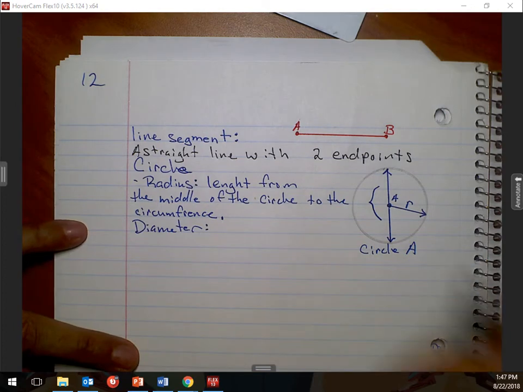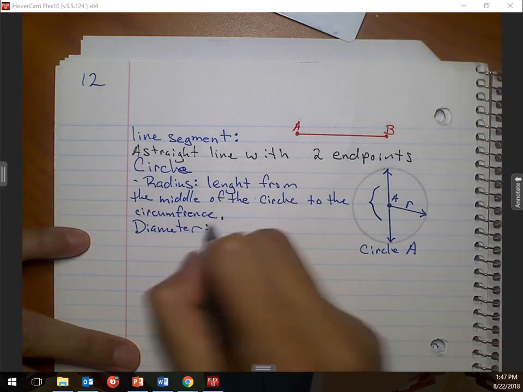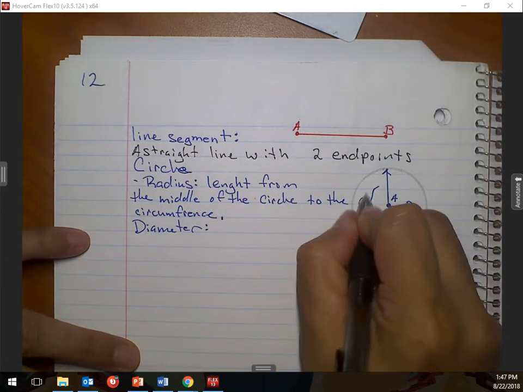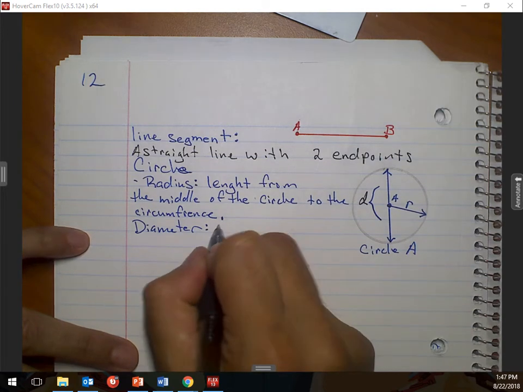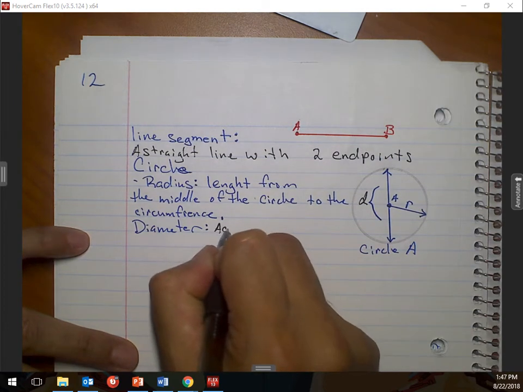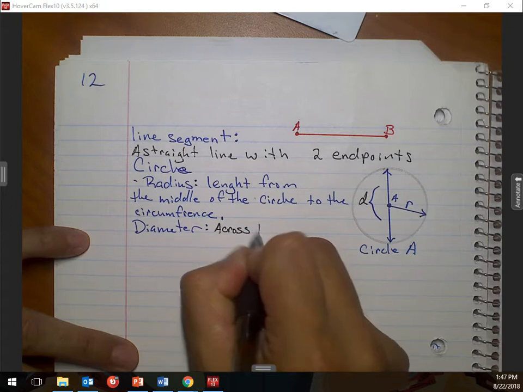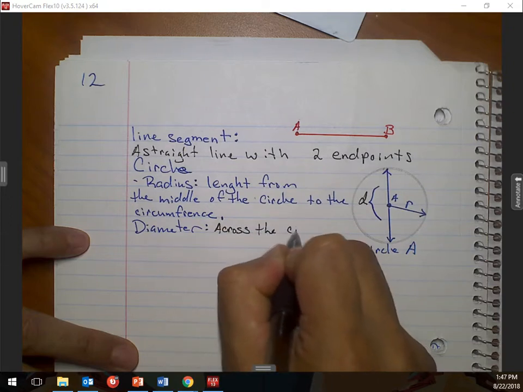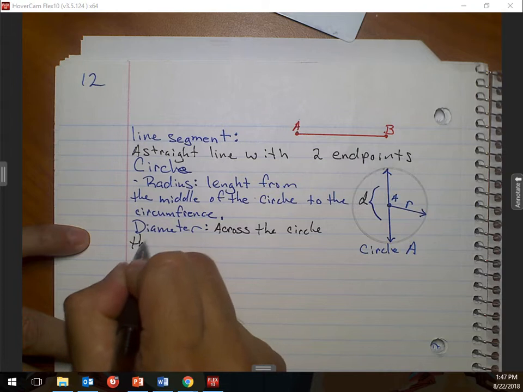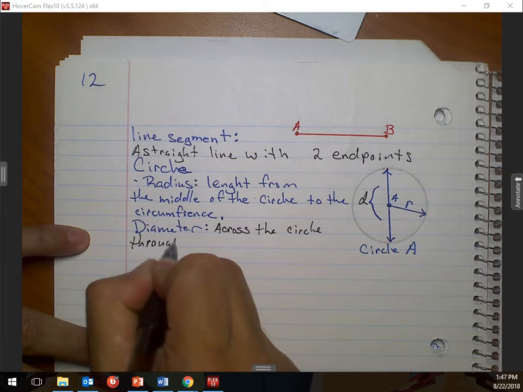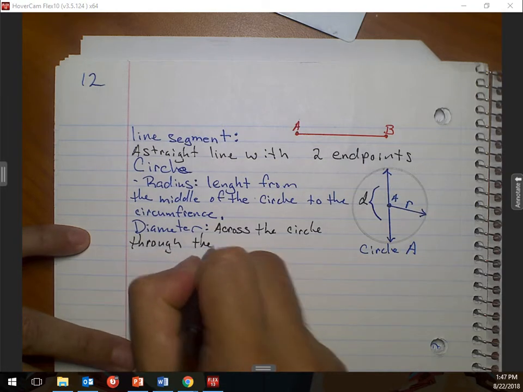So this is my diameter. Okay, it is across the circle through the center.